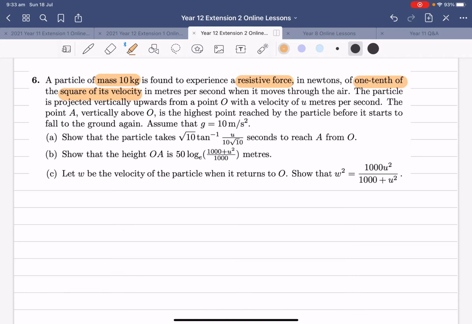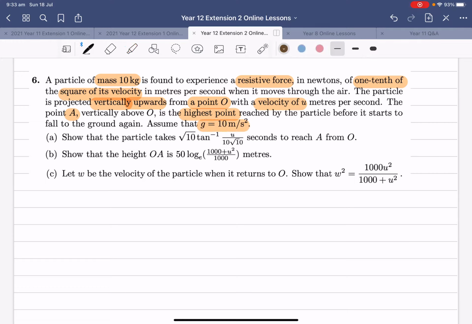The particle is projected vertically upwards from point O with velocity u meters per second, that is the initial velocity. The point A vertically above O is the highest point, reached by the particle before it starts to fall to the ground again. Assume that g is equal to 10 meters per second squared.